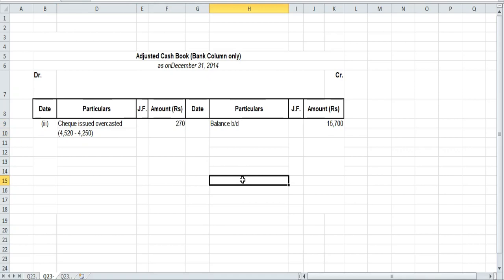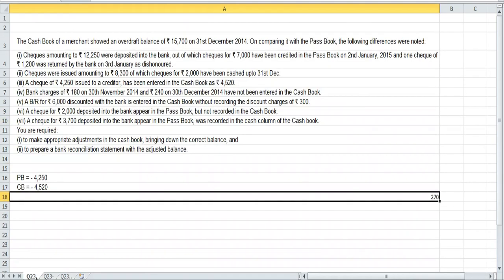Okay, next is number 4. Bank charges of 180 on 30th November 2014 and 240 on 30th December 2014 have been not entered in the cash book. So this bank charges of 180, that was previous month.